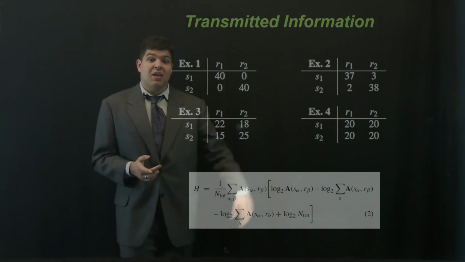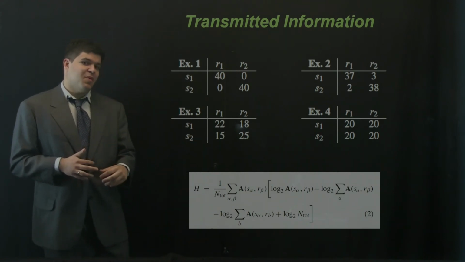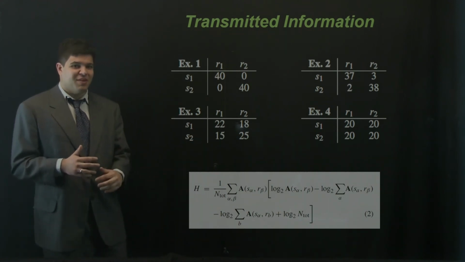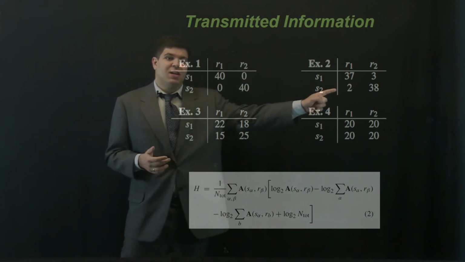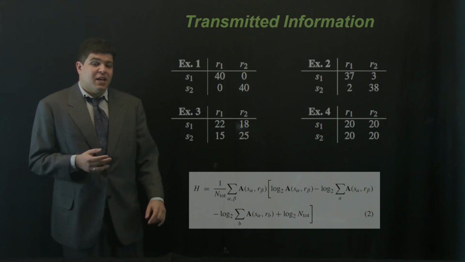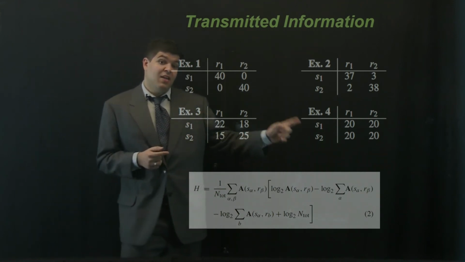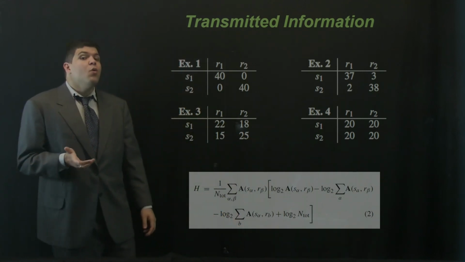Here, it would be a case where you would have almost optimal, semi-perfect transmission of information. You make a little bit of mistakes, but they're really small, while this one transmits absolutely no information.